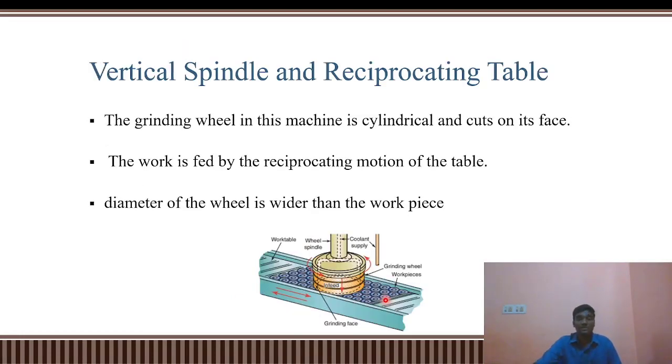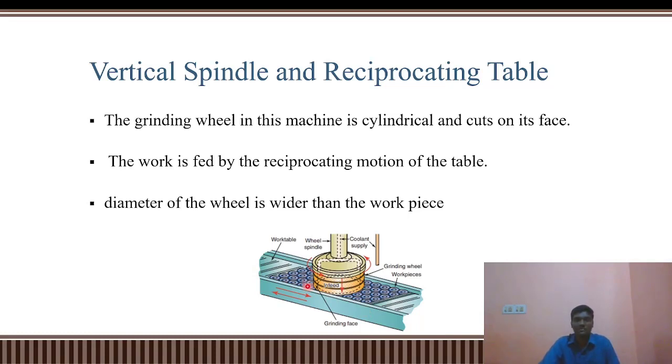And this is the last case, vertical spindle and reciprocating table. Please look at this picture where the spindle is vertical and the table is reciprocating, and generally the wheel in this machine is cylindrical and the face is involved in cutting the work material. This is also considered like the previous case, where by reciprocating the table, the feed is actually happening.